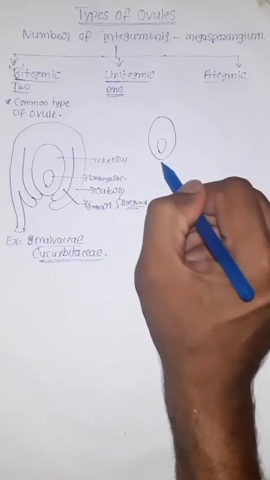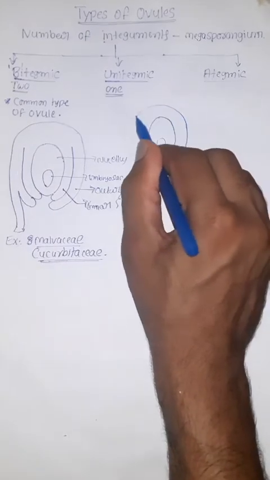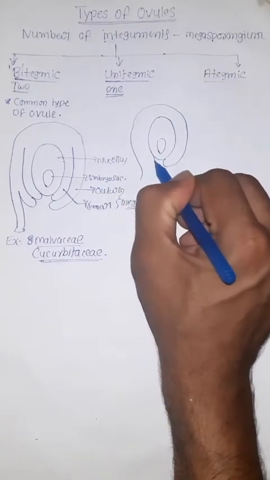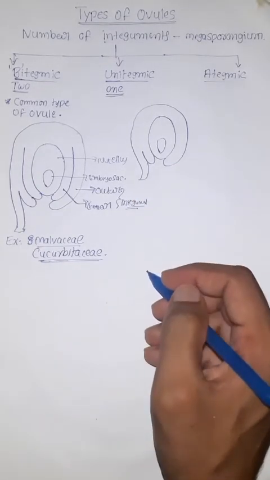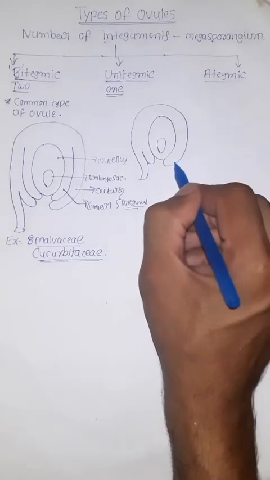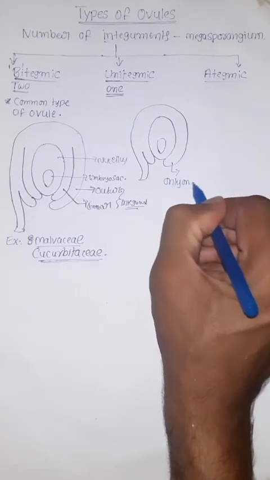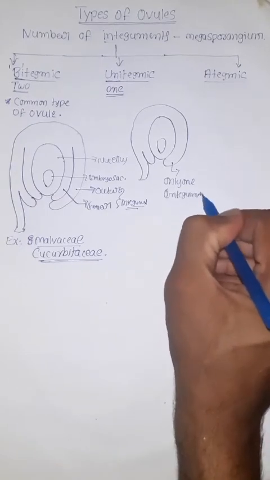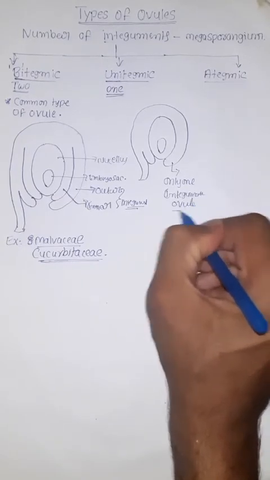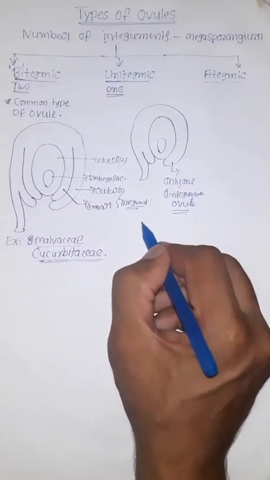Here there will be the embryo sac. Here we can see only one integument around nucellus or megasporangium, like this. It is the unitegmic type of ovule because it is only one integumented ovule.